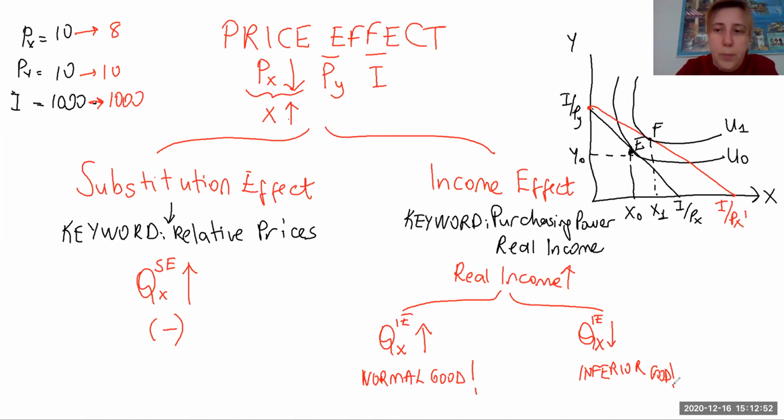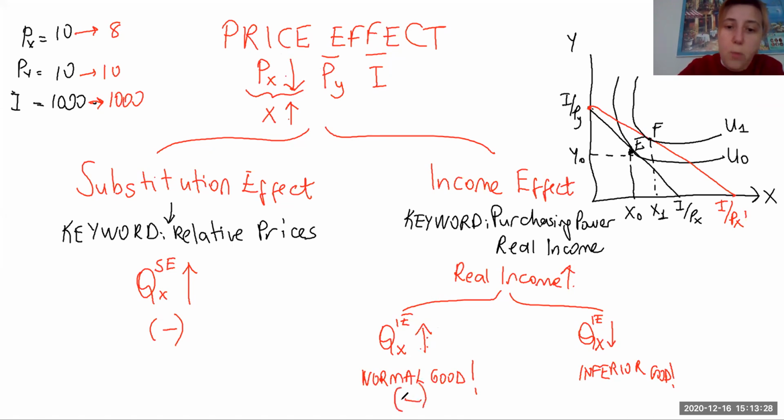Let's try to find the relationship between the price change and the quantity change. For a normal good, while the price of X is going down, quantity demanded increases. The price of X is going down, so the real income of the consumer increases, and that's why he wants to buy more of this good. The relationship between price and quantity is negative, right?